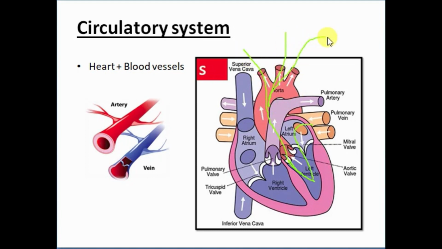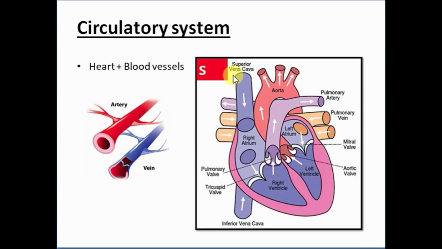So this was the entire process of how the heart functions and pumps the blood. I hope things are very clear to you, and this entire system is very important. Lots of questions are asked from here. So let me make it simple for you.